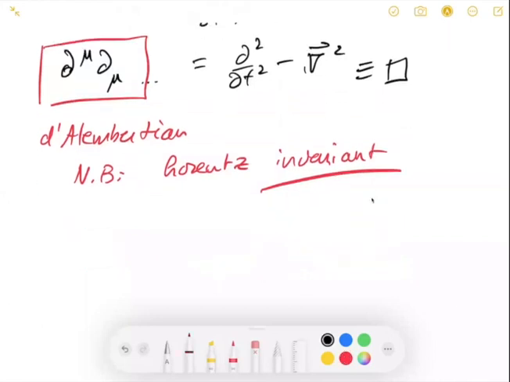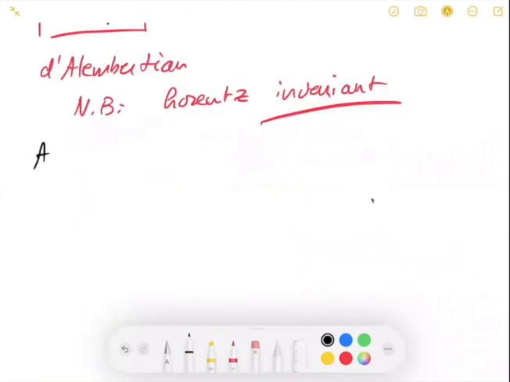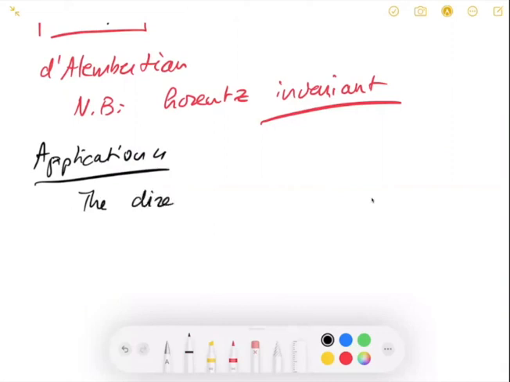Finally, the directional derivative, application 4. So in 3D, we had the gradient of some scalar field phi.